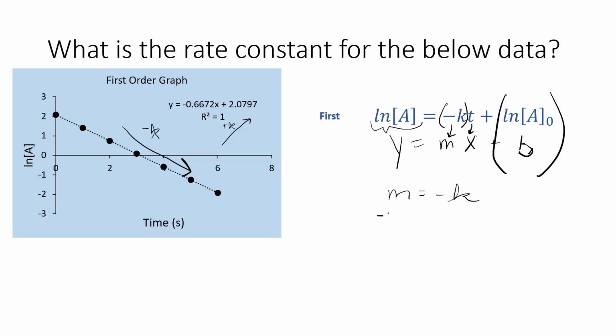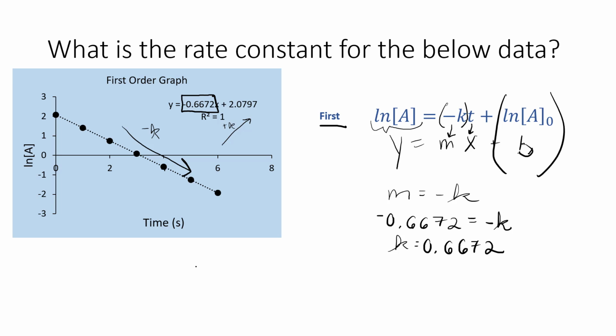So in this equation, whatever my slope is equals negative k. So my slope is negative 0.6672. I found that by just looking here in my trend line and finding the value. That equals negative k. So then what is my k value? k equals 0.6672. But I need some units. I can't forget those.